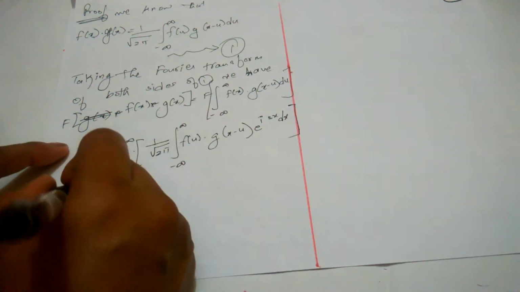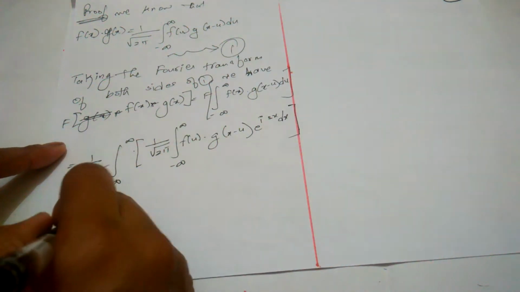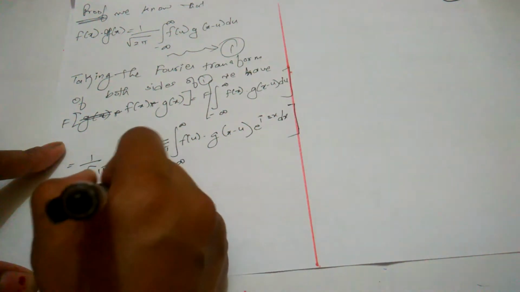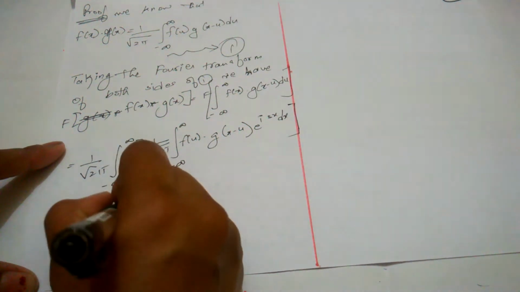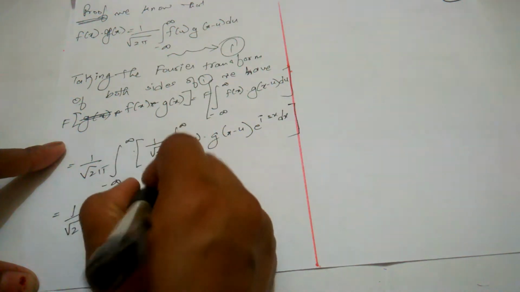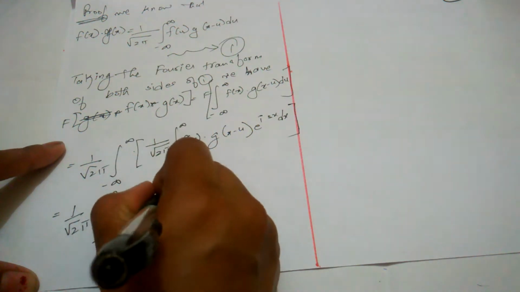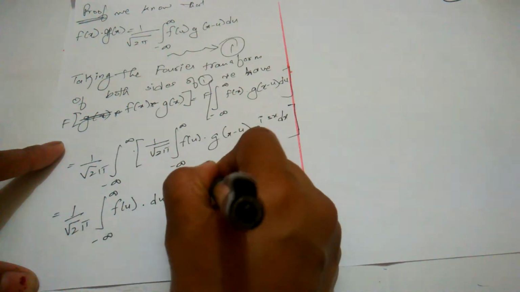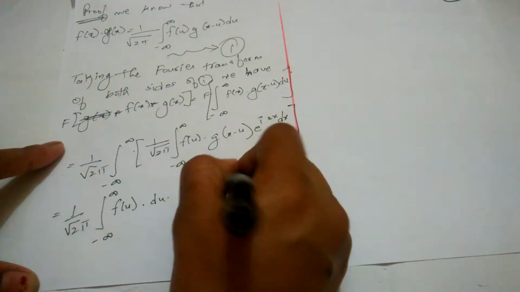Okay, so which is equal to 1 upon square root of 2 pi integral minus infinity to infinity f of u du, and the F of g of x minus u.